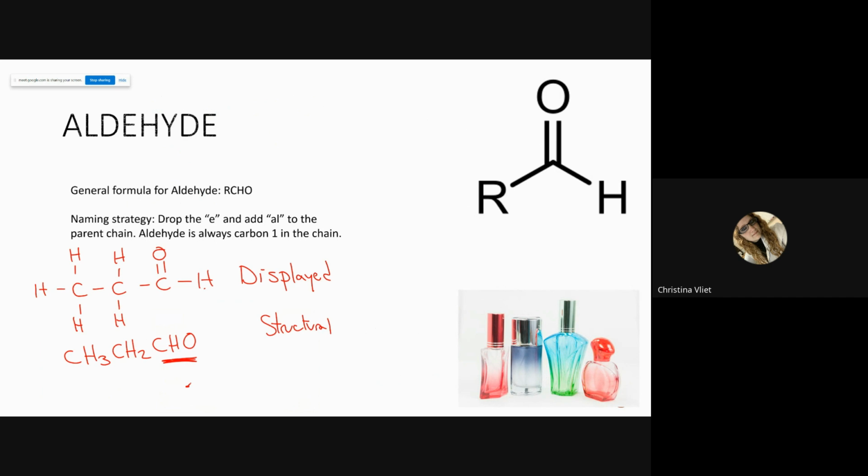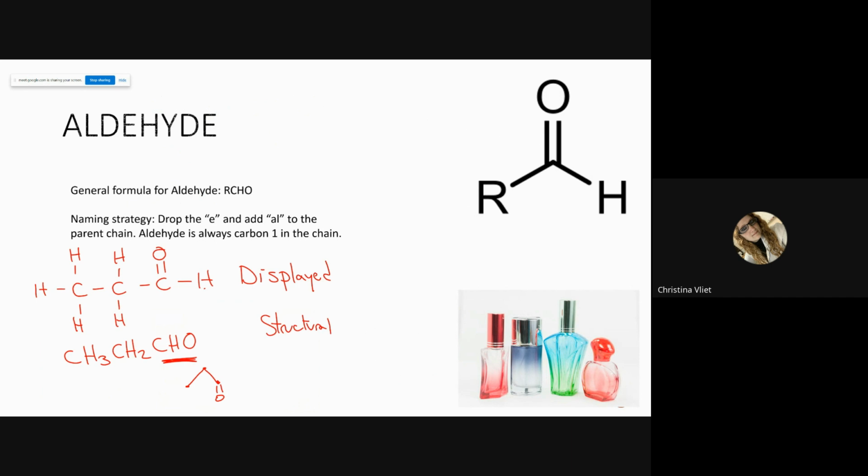Finally, for skeletal, let's see what that would look like. It doesn't matter if you start up or down, you just have to do zigzag lines. Whatever, your choice. 1, 2, 3. Now, on the end carbon is a double bond oxygen. And then you can, but you don't have to, show the hydrogen because it's connected to a carbon.